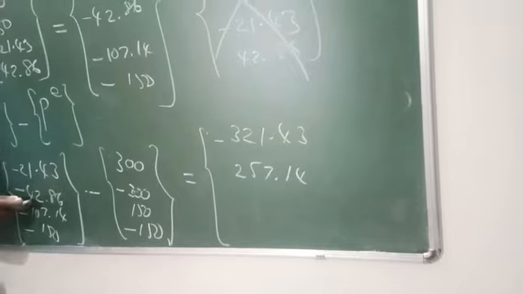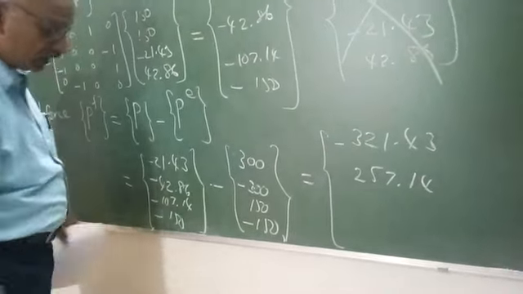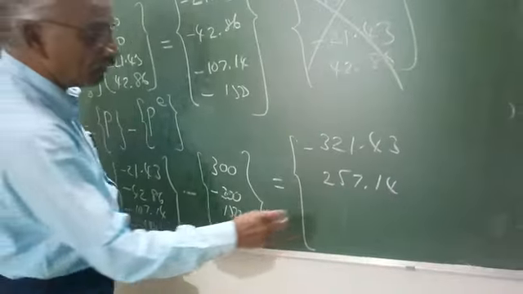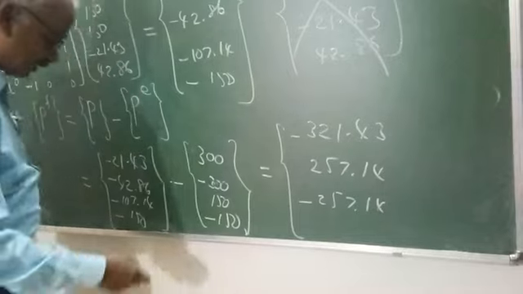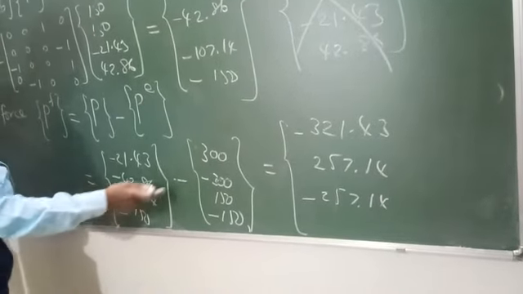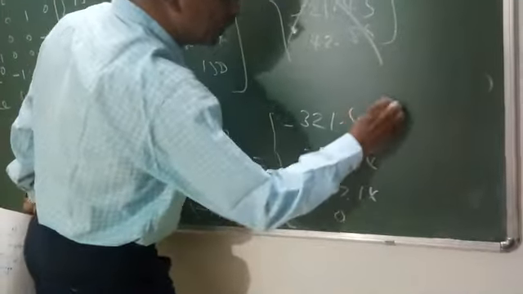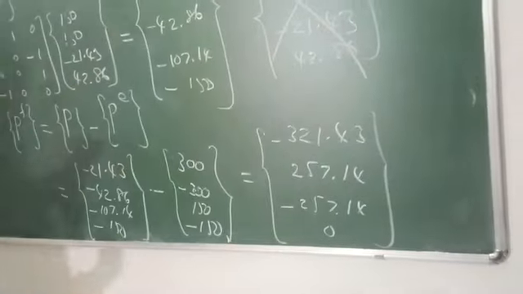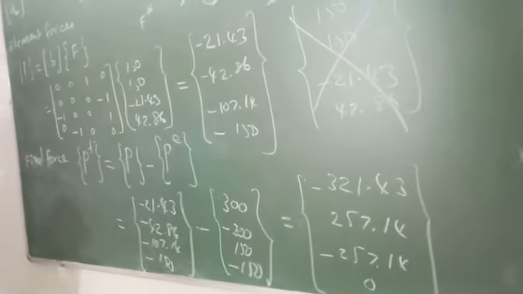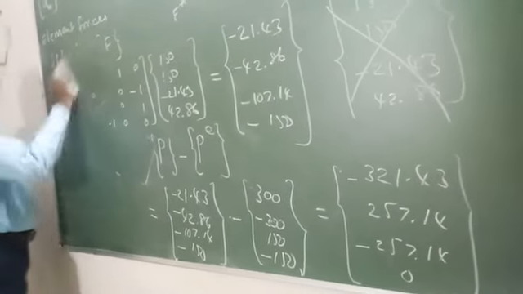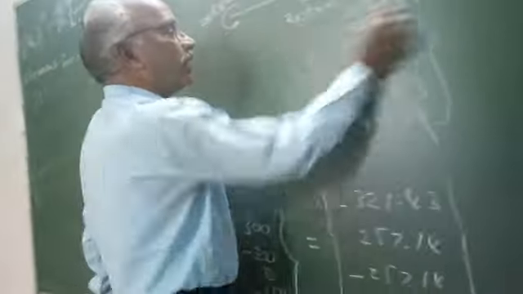This is minus 107, this is minus 150, this is also equal to minus 257.14. Now this is minus 150, minus into minus is plus 150, therefore this value will be 0. These are the final moments. For these final moments, we have to draw the bending moment. So that is about getting the final moments.